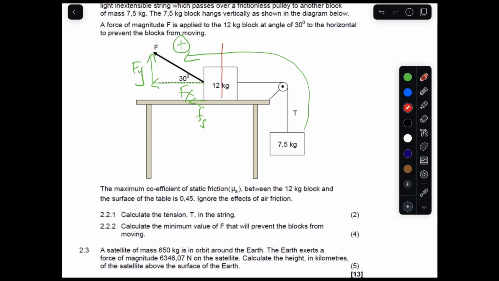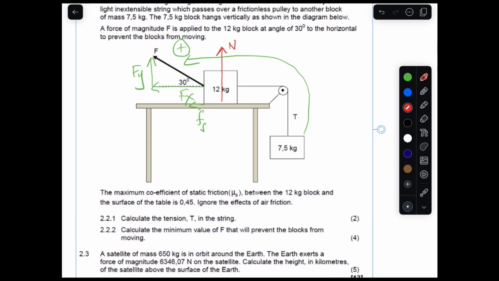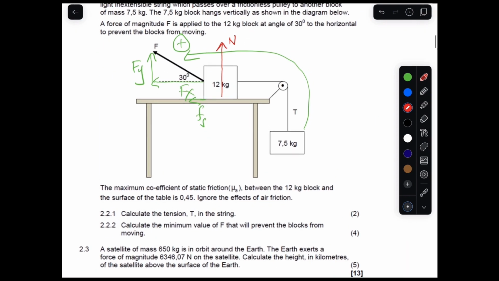There's a normal force on this object that is lying on the surface, because it's on top of the surface. All the time when an object is on top of a surface, there will be a normal force. And also there's a gravitational force. Gravitational force is always everywhere. And guys, what is important here, you need to understand the normal force here is not equal to the gravitational force only.